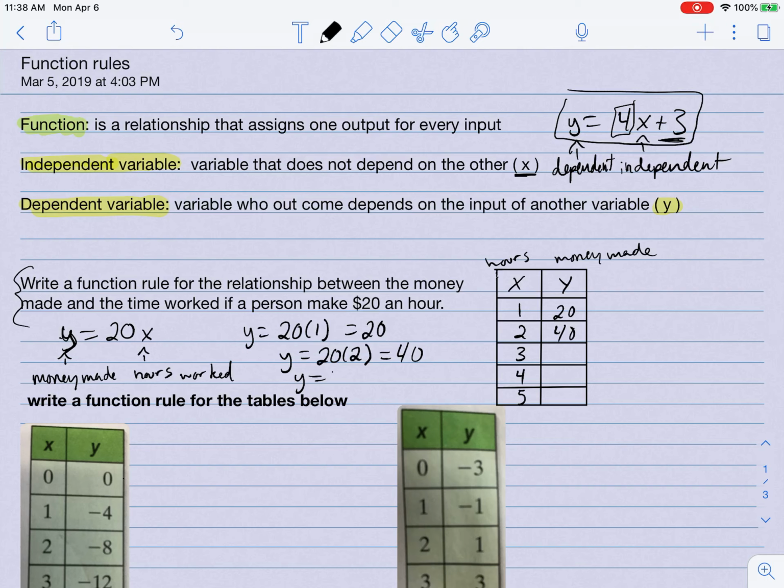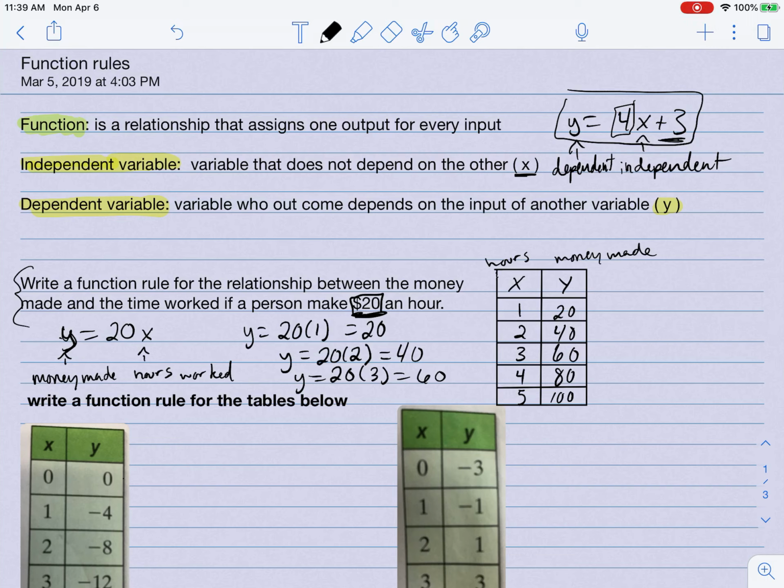If you work 3 hours, you get y equals 20 times 3, and you get 60. Okay, and so you could continue, and this would be 80, this would be 100. So this is a function that shows us the amount of money you make depending on the number of hours you work. And you are given this constant that you make per hour.